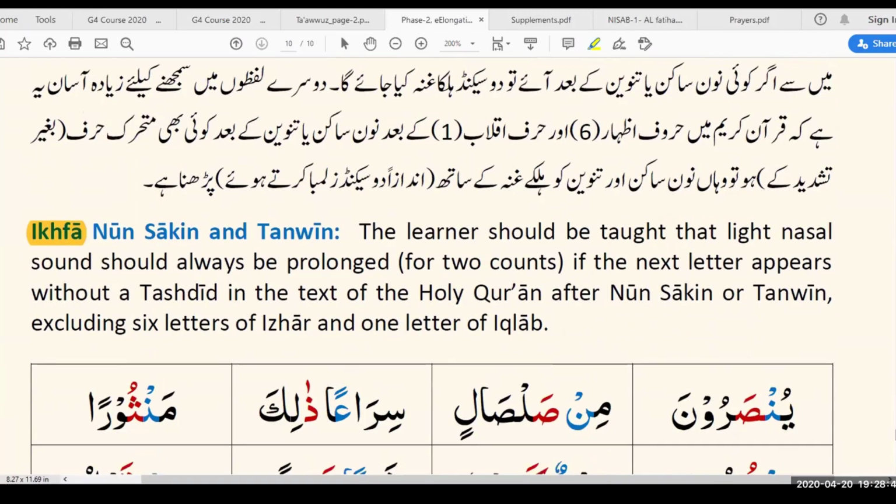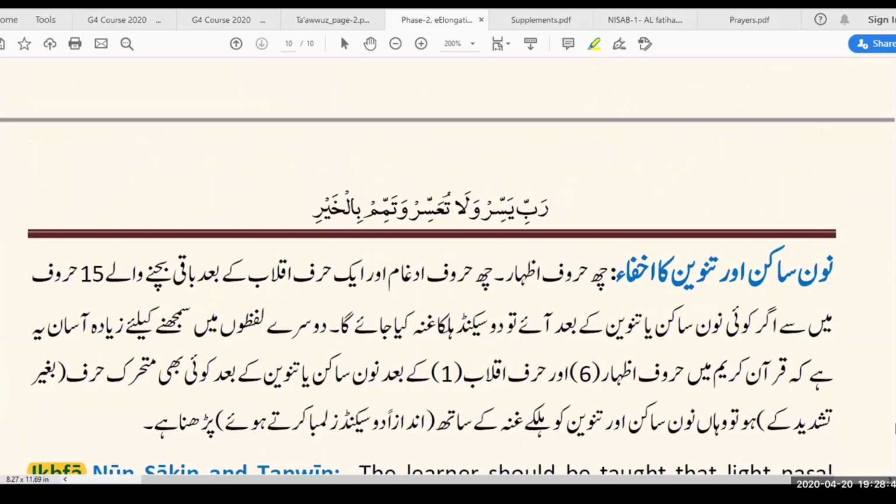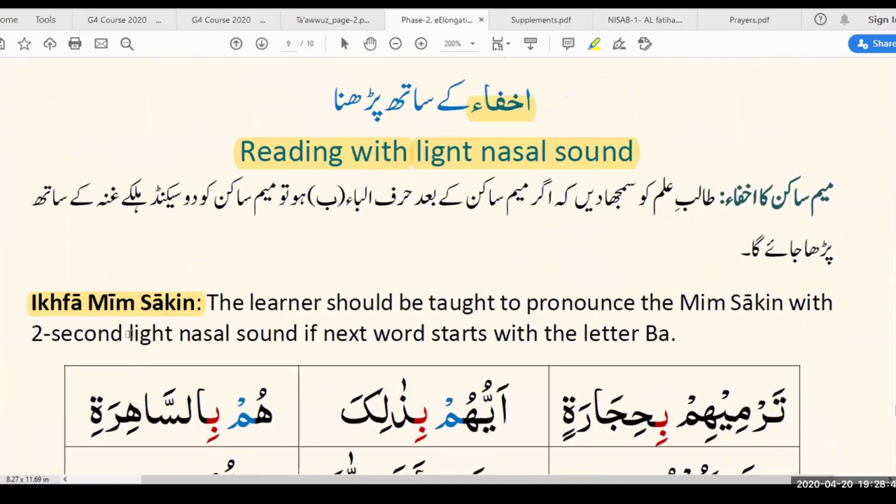So we have just done noon, meem sakin, ikhfa meem sakin. So we have just learned that the meem has a sukoon and is followed by the next word starting with the ba. Let me say the meem. That's what we have just done.